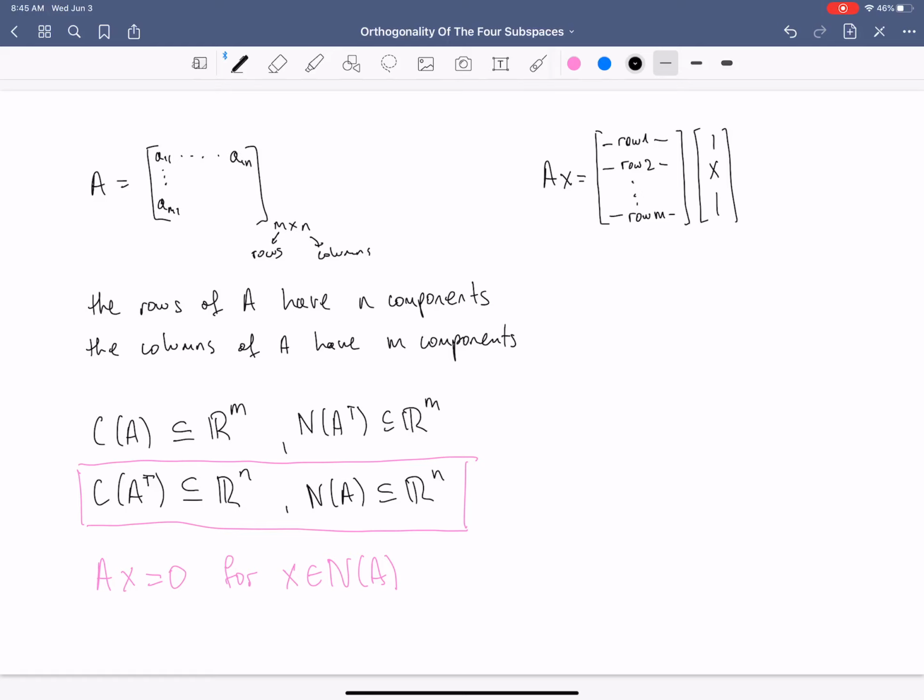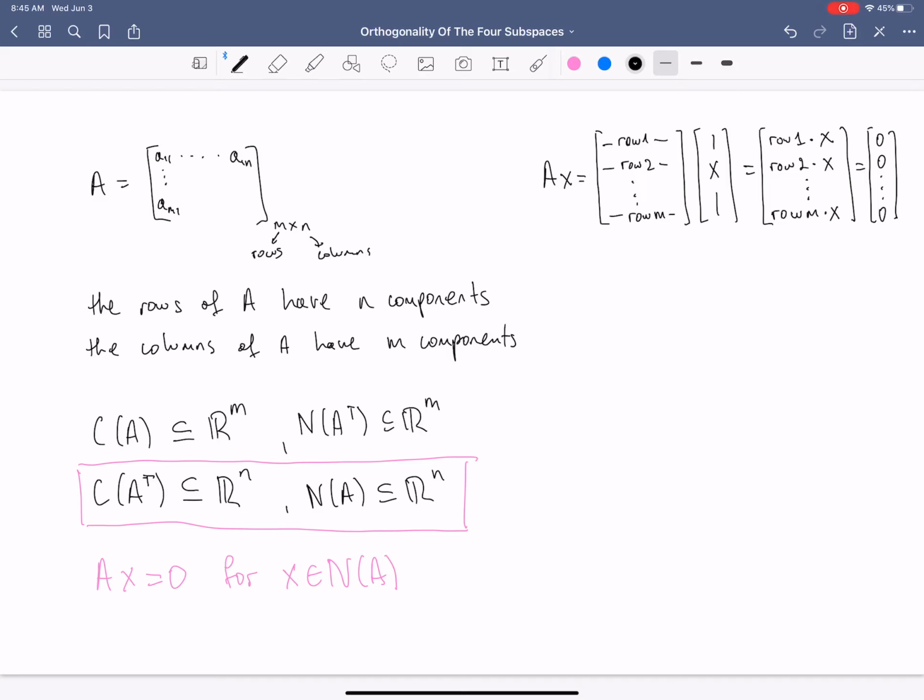So the answer here is row 1 dot product with x, row 2 dot product with x, and so on all the way to row M dot product with x. Now, since I chose this x to be in the null space of A, I know that the answer must be 0. And by 0, I mean the 0 vector.